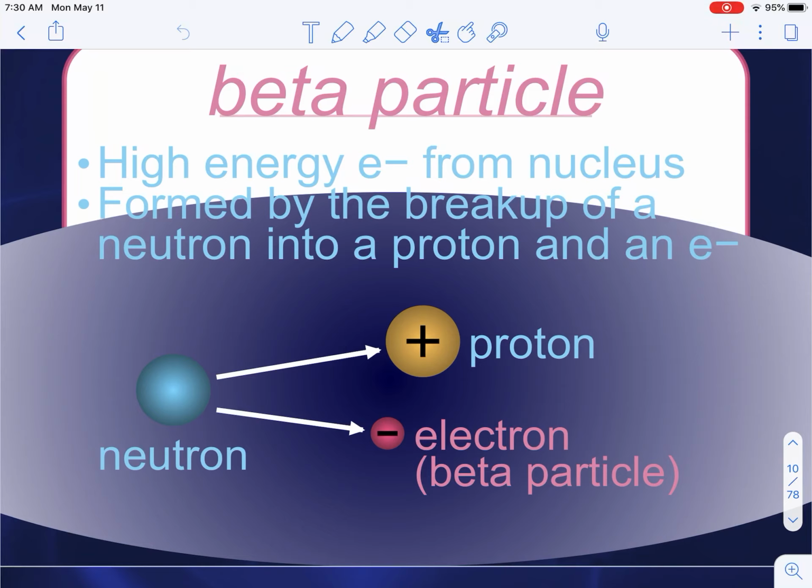Okay, so what that means, it's a negative charge. It's a much smaller particle because it doesn't have all of those protons and neutrons that we have in the alpha particle. So it's a lot smaller.